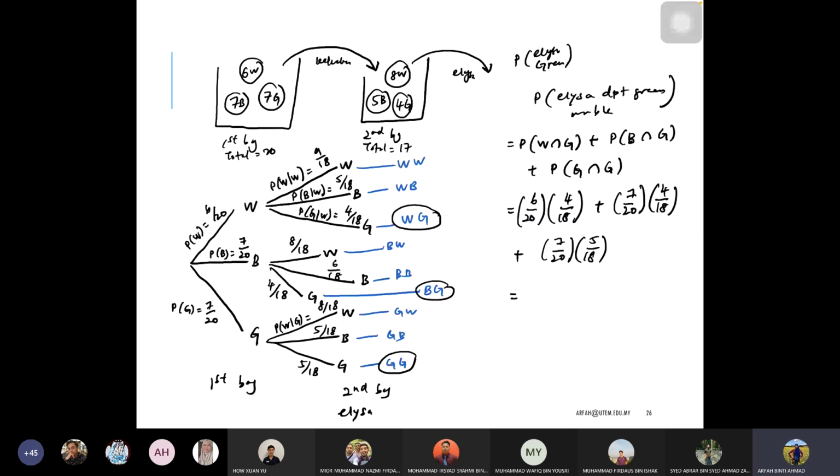So if you calculate all of these, you will come to an answer of 19/120, or 0.2417. Okay. So this is the answer for the probability value for this case.